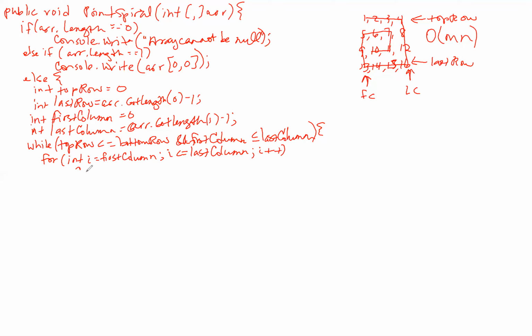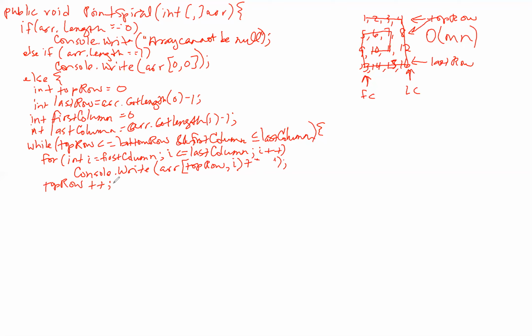Okay, and we just simply write console.write, and we want the array at top row, because that's what we're traversing. And then i is going to be the thing that keeps changing as we go across the columns. So i, and then we can put a little white space in there. All right. And then after we do that entire traversal, we move our top row down. So top row plus plus.